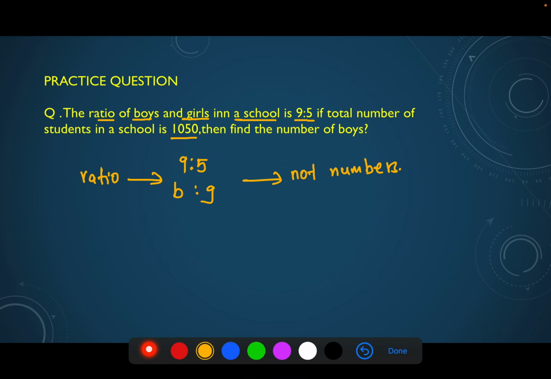What is the rule? If there are boys and there are girls, there can be 900 boys and 500 girls. There can be 9,000 boys, 5,000 girls. So the relation always will be like this, 9:5. So we don't know, so what we will do, we can do like this. 9 into something, that will be boys. 5 into something, that will be girls.